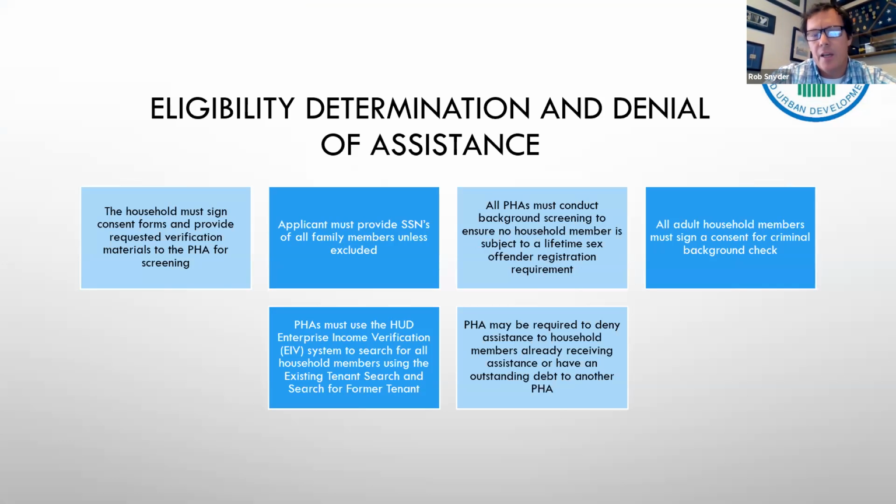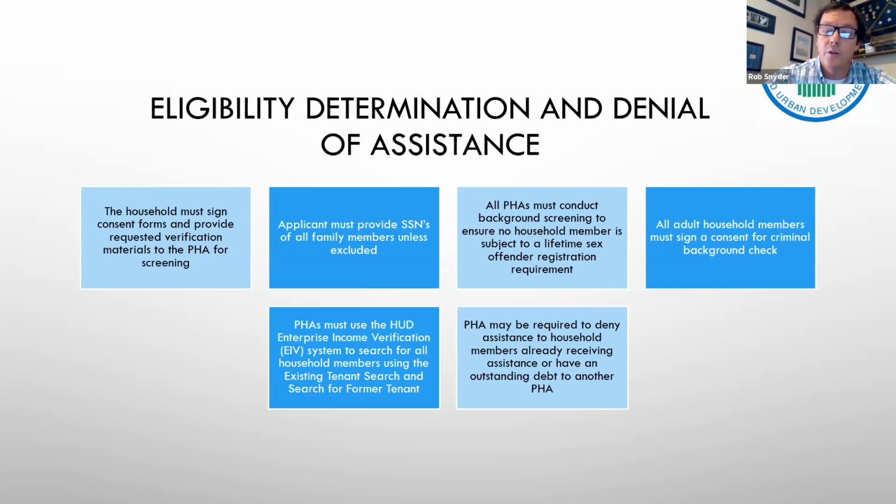So a little bit on eligibility, the determination and denial of assistance. There are many forms that the housing authorities will have that the household signs giving consent to verify various pieces of information. Applicants have to provide their social security numbers. The PHAs will conduct background screenings.